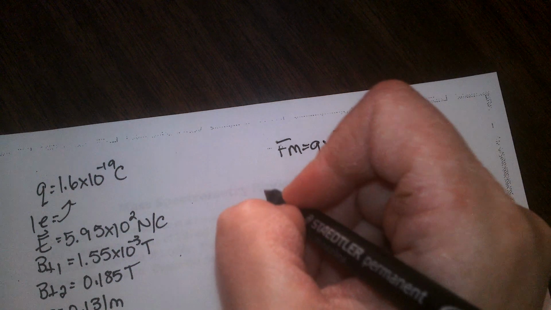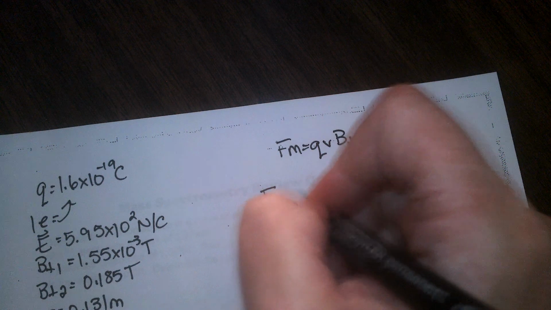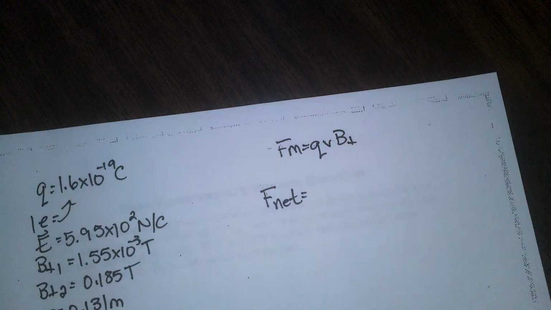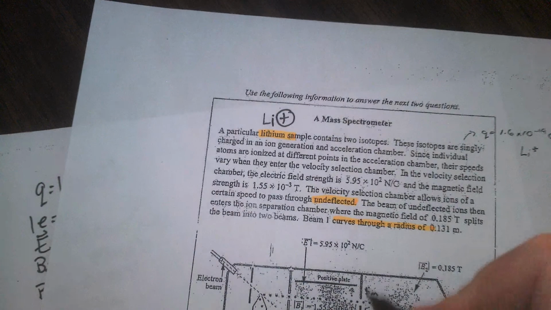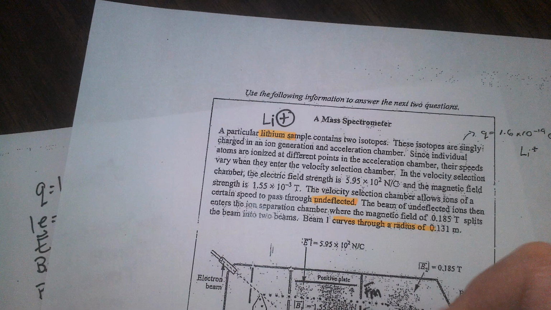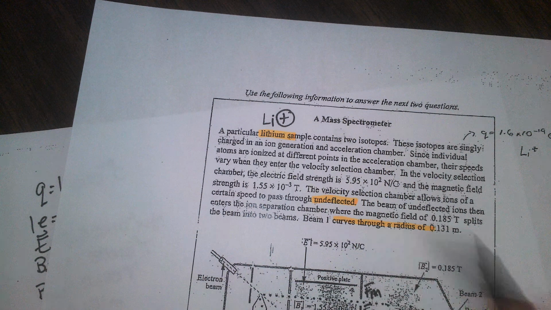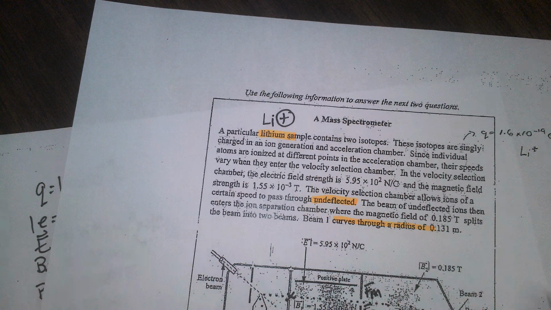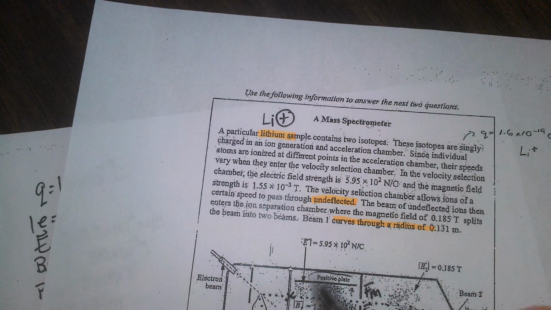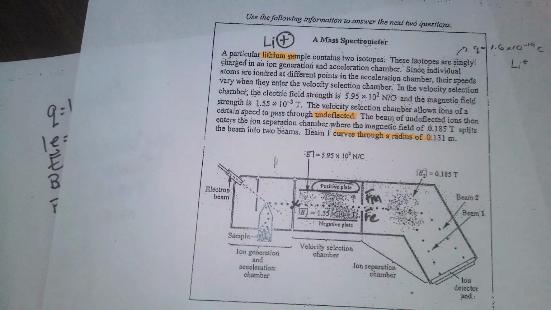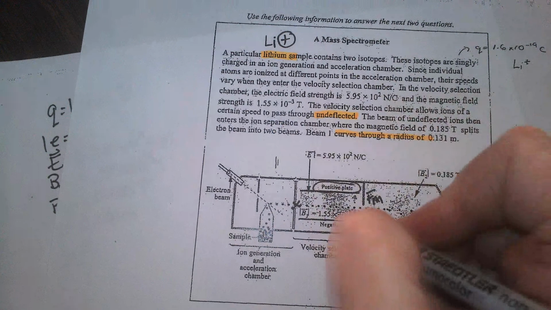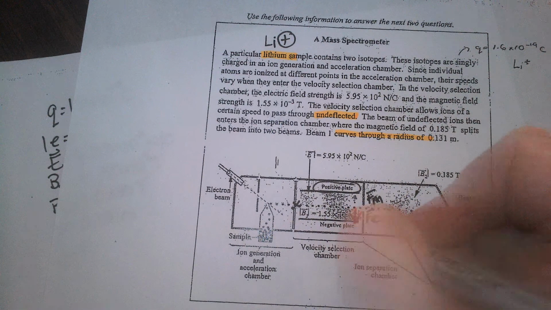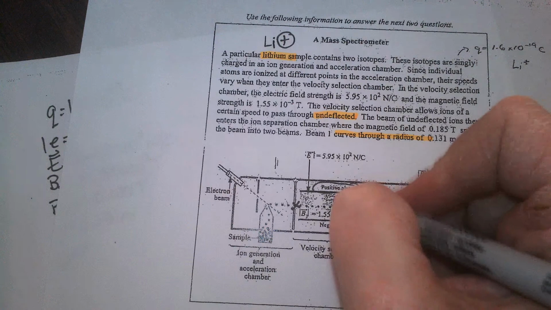So in this particular piece, we have at play, coming out of here, force magnetic and force electric. It is a positively charged particle coming in here. If this is the positive plate, which way is force electric going to go? Down. Force electric will go down. Force magnetic, it's going to go up.